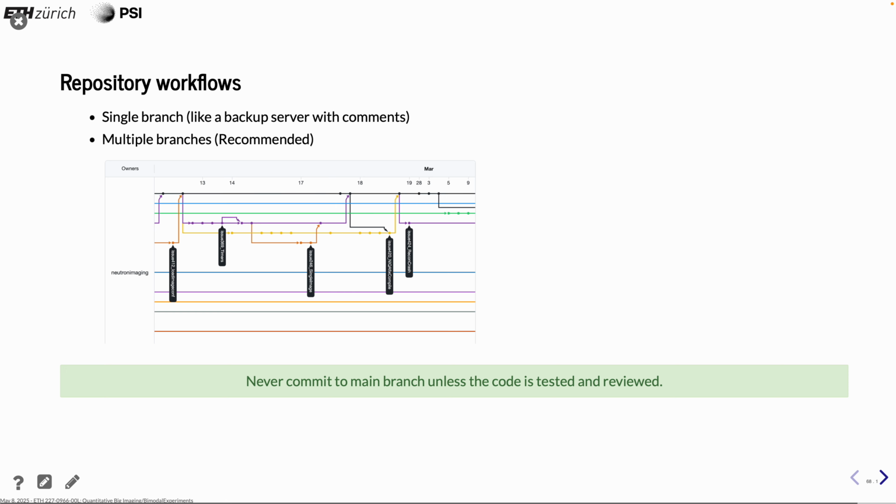So the workflow in these branches is that you solve an idea, a bug or something in a branch. And once you're sure that it's actually doing what it's supposed to, then you merge it back into the main branch. Ideally, you should never commit anything to the main branch unless you have tested it and also, if possible, reviewed it.